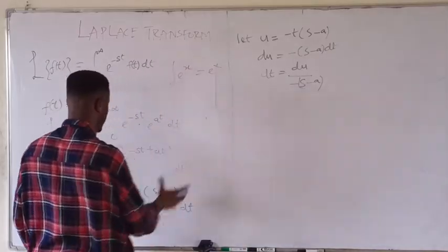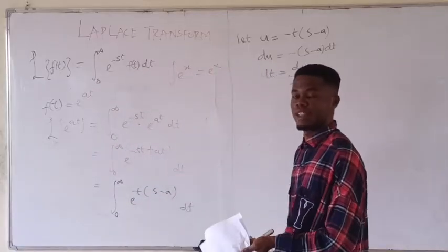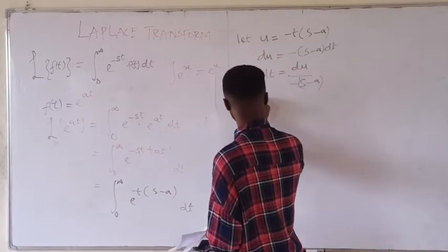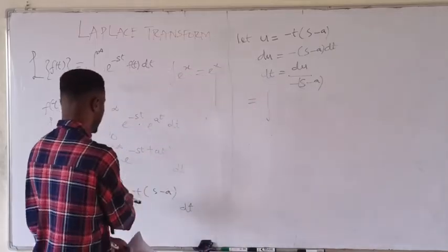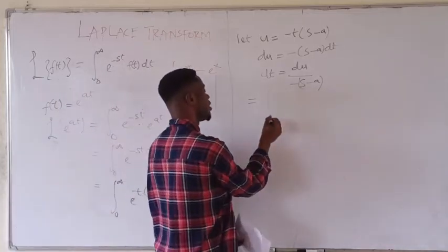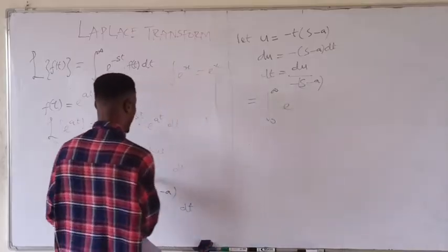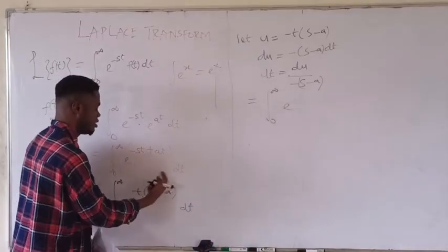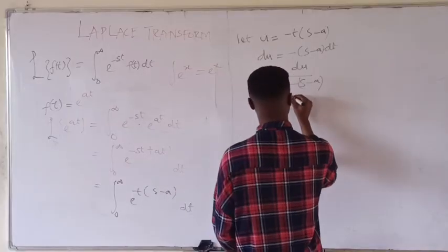Now, since we've got to this, let us write this integral. This integral is equal to the integral, still under the same limit, from 0 to infinity, of the exponential of, instead of writing minus t(s minus a), we are going to write just u.